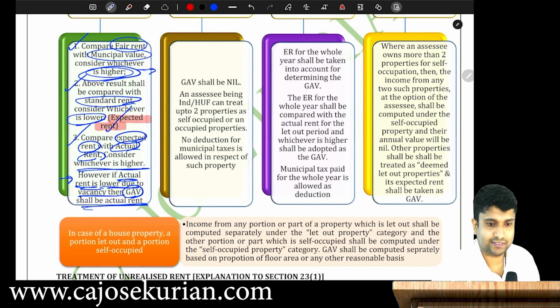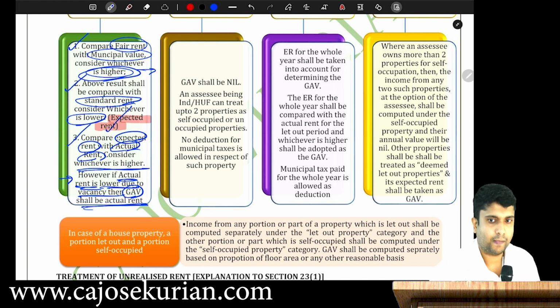Expected rent is 1 lakh and rent received is 80,000. That is 90 minus 10k vacancy. No, then you have to take expected rent, because it is not less due to vacancy. It has to be less due to vacancy. If it is less and there is a vacancy, you have to take the higher.